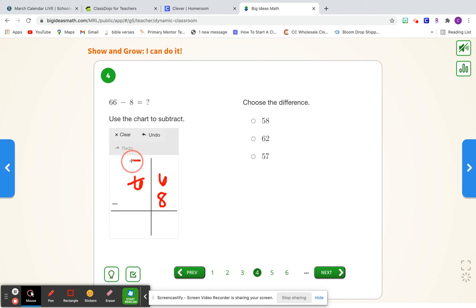We're going to regroup. We have 5 left. We borrowed a 10. 10 plus 6 is 16. 16 minus 8 is 8. And 5 minus 0 is 5. So our answer is 58.